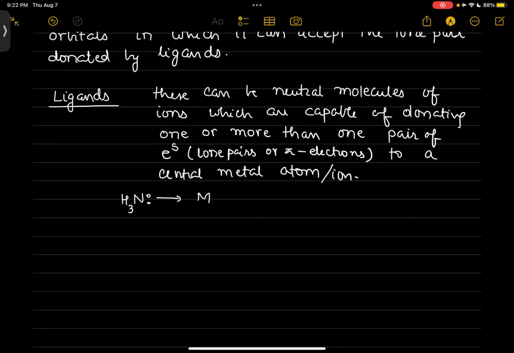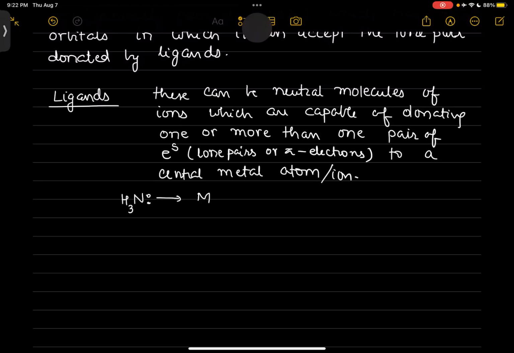Normally we write it like this. We put an arrow from the ligand to the metal, representing donation of a pair of electrons from ligand to metal, and the metal is acting as an acceptor.